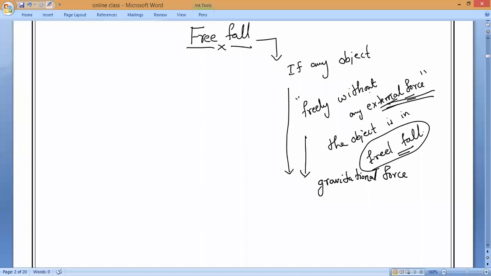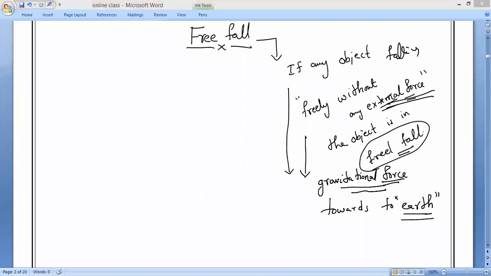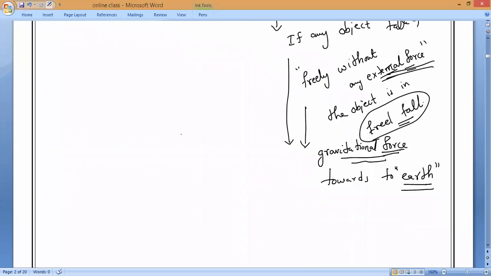Any object falling freely without an external force, with only gravitational force acting, falling towards the ground, the earth, is said to be in free fall. Any object falling towards the ground only under gravitational force and no other external force is said to be in free fall.